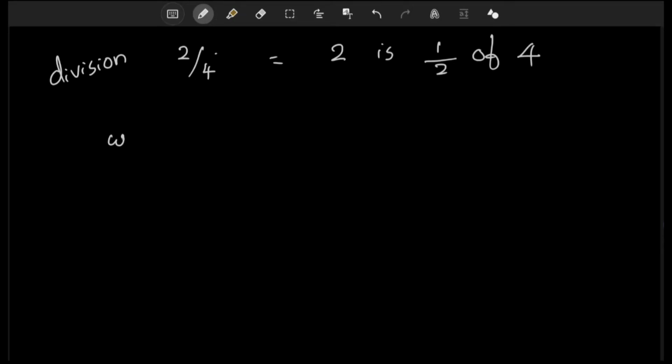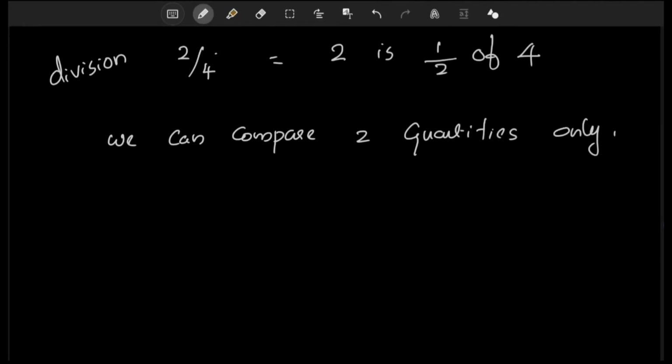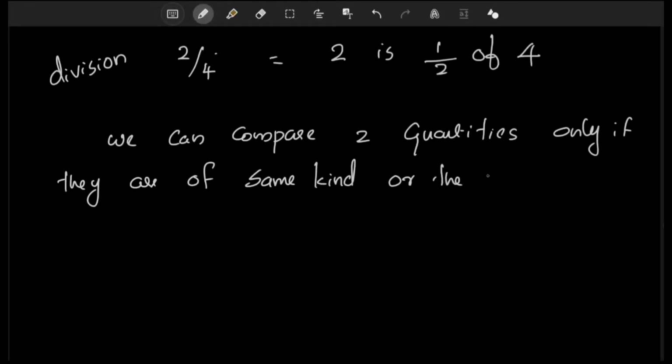We can compare two quantities only if they are of the same kind, or the units must be the same.